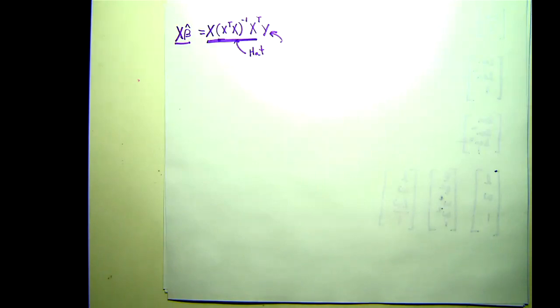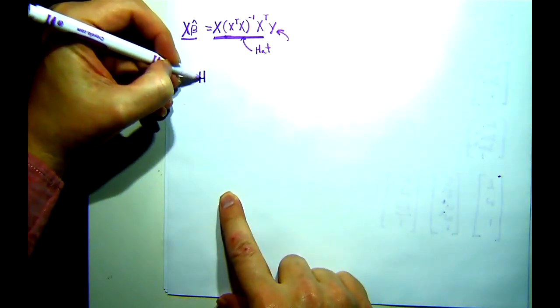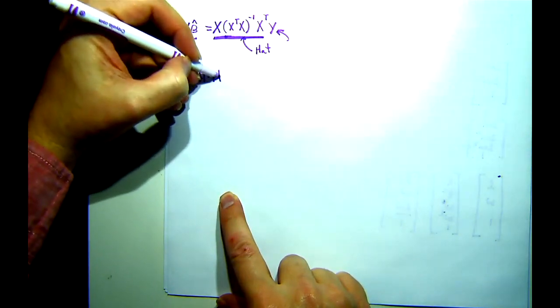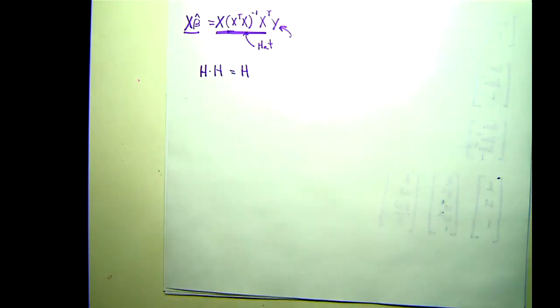Some of the interesting things about the hat matrix, and these are very strange for matrices, is that the hat matrix times itself equals the hat matrix. If you put these two things next to each other, everything cancels out and you get the same thing back.